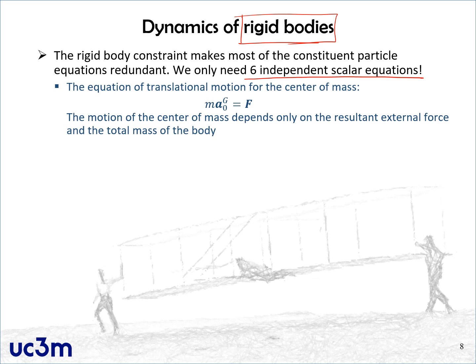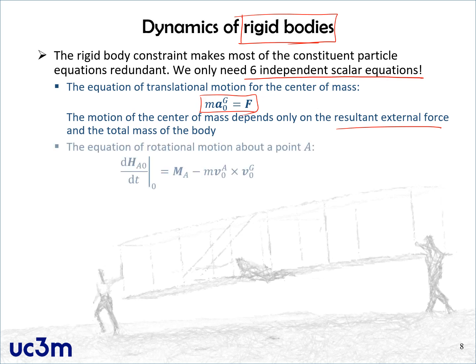Those equations are the equation for the translational motion of the center of mass, which tells us that its motion depends only on the resultant external force and nothing else. It does not depend on the specifics of the body, how the body is rotating, or the particular individual forces applied on each point of the rigid body. It just depends on the resultant force.